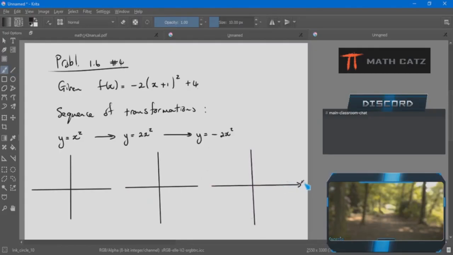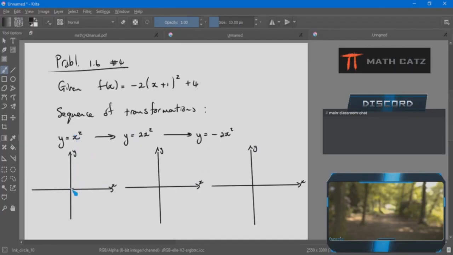And then we'll do the last 2 in that sequence underneath. So we're not going to have very big fancy graphs, just a rough sketch here, as long as the shape of the original is preserved.